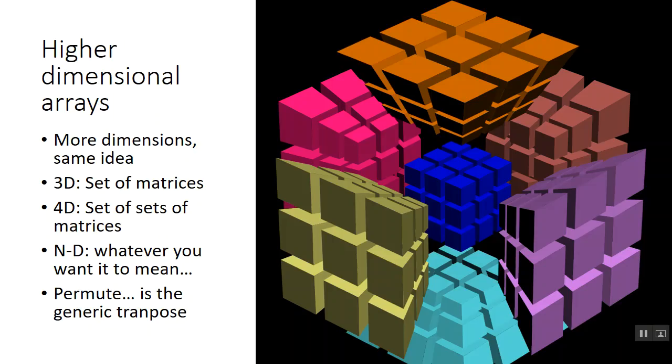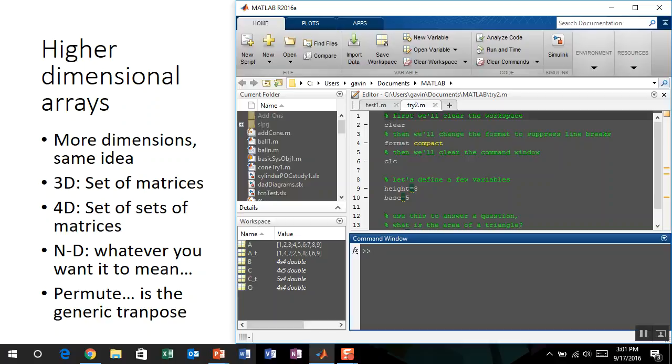So, higher dimensional arrays. If we think in MATLAB about the fact that we might want to hold data in more than 2 dimensions, images are a great example of this, because you might think of the rows as the horizontal pixel vectors, and the columns as the vertical pixel vectors. But typical color images have 3 components, right?